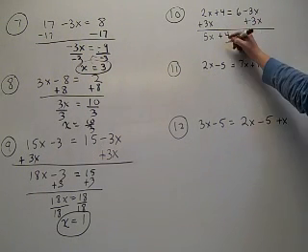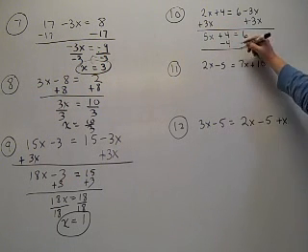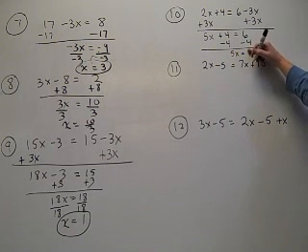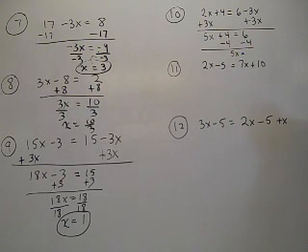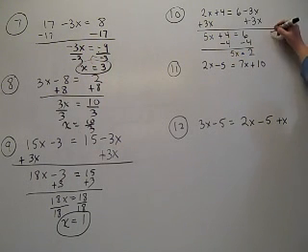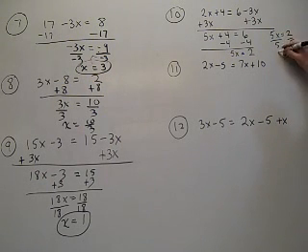All the numbers over here, I have to subtract 4, but if I do it on the left, I have to do it on the right. I've got 5x equals 2. Divide both sides by 5, and I've got x equals 2/5.